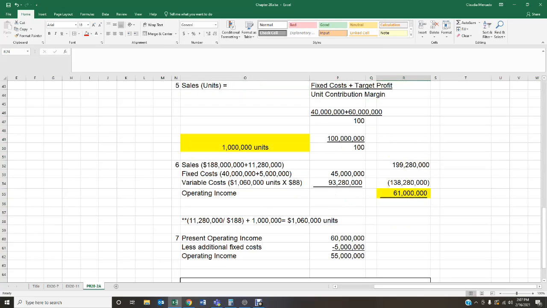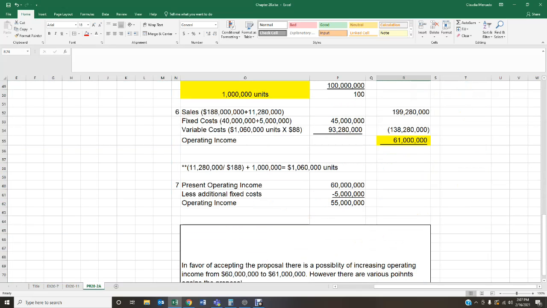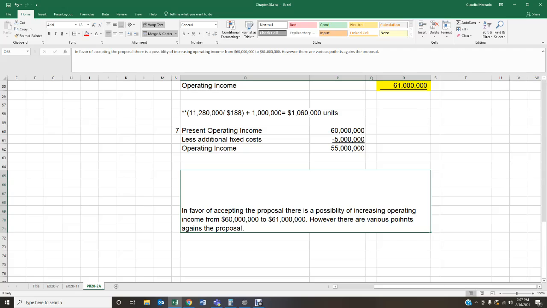Okay, so yes, my operating income can go from 60 million to 61 million, like we calculated in requirement 6. But is it worth it? It says here the break-even point increases by 50,000 units.